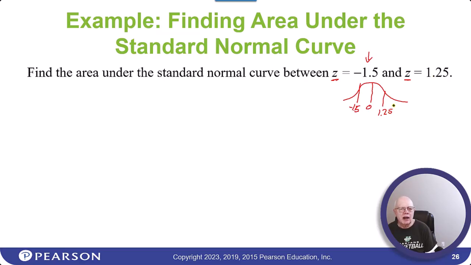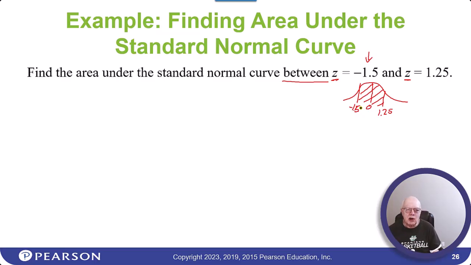And we want what's between those two, so we can shade that area in on our curve or our picture, and we can see that we're going to look at that area. We know from the picture where we're going to start, where we're going to stop.